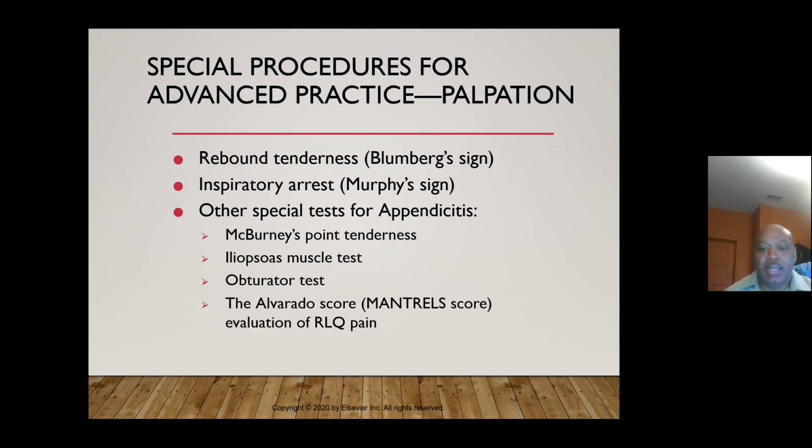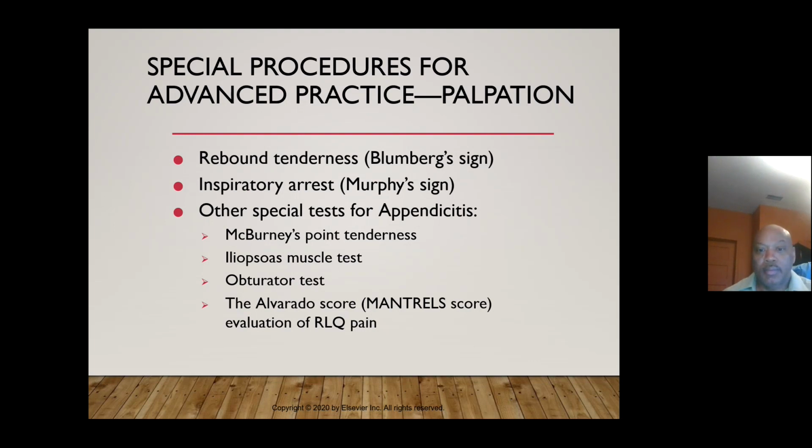Now, when the test is positive, the liver is descending downward in the right lower quadrant, pushing against a gallbladder that is inflamed, then we know this is a positive exam. The person will feel a sharp pain, and they will abruptly stop breathing upon inspiration midway, so they won't complete the breath.